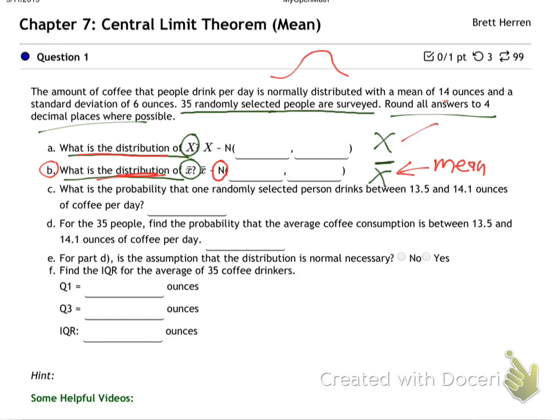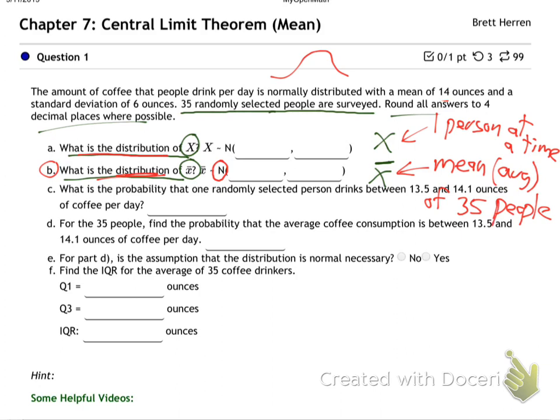So this is one at a time, one person. It's like rolling one die at a time, but we're talking about one person and how much coffee they drink at a time. And the X bar is the mean, the average of 35 people and how much coffee they drink on average.